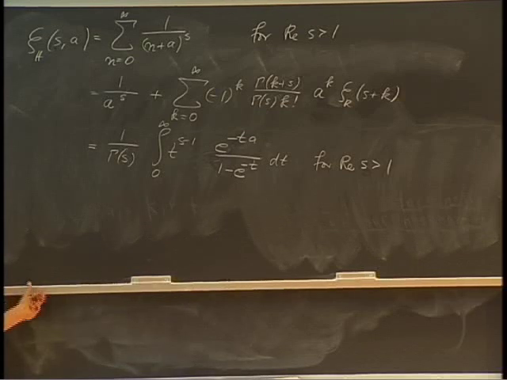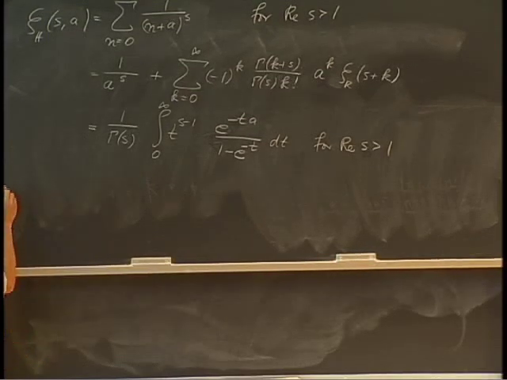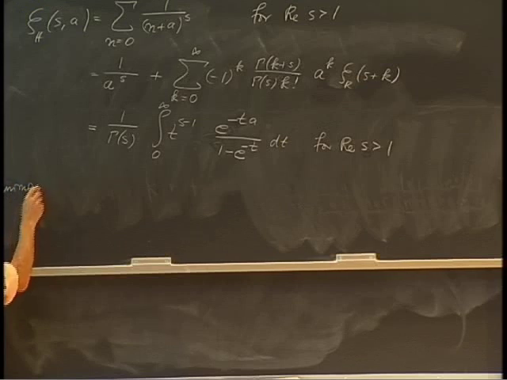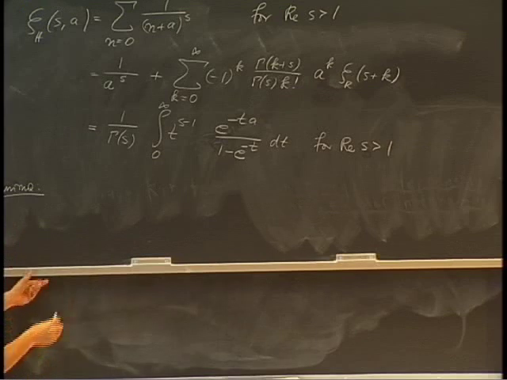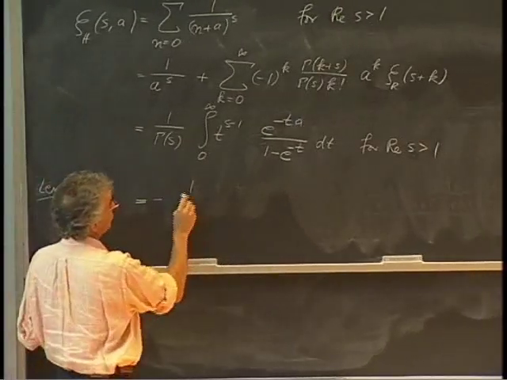And we started to look at these contour representations for the gamma function at the end of last class. And the first result today is going to be the analogous representation for the Hurwitz function in terms of a contour integral. And this representation reads as follows.